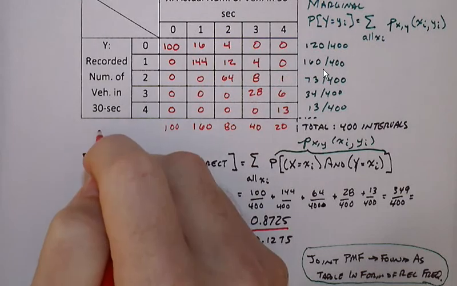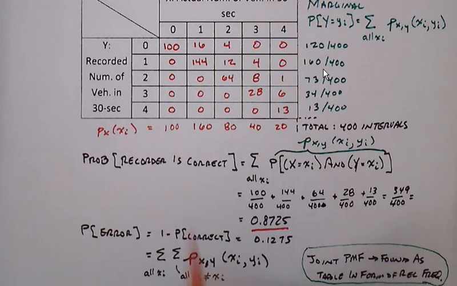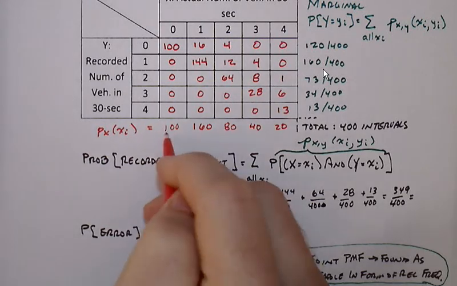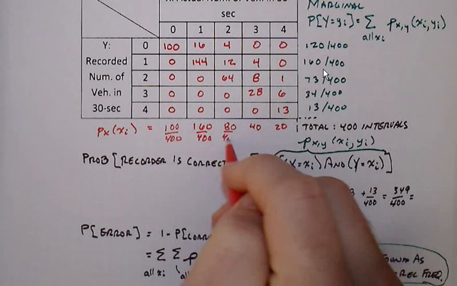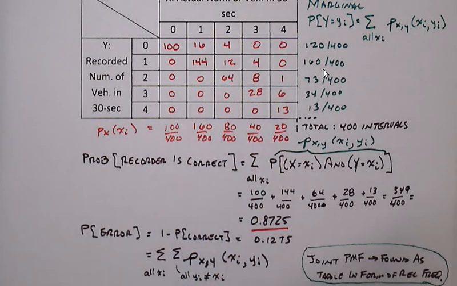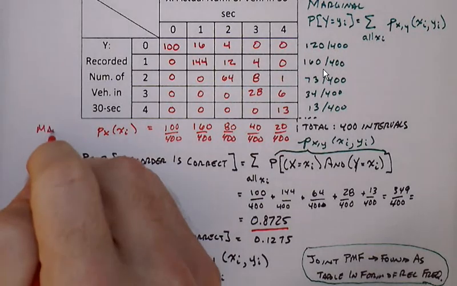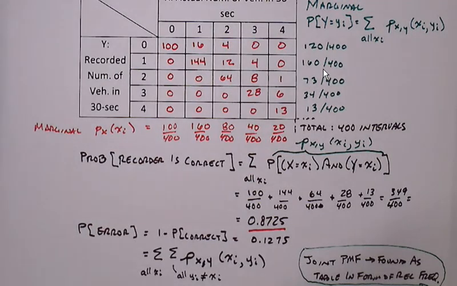And that's your probability mass function for xi. Of course, divide that by 400 in each case. And there again, that's a marginal distribution. So you can see there's an interesting relationship here between the joint and then the individual ones.